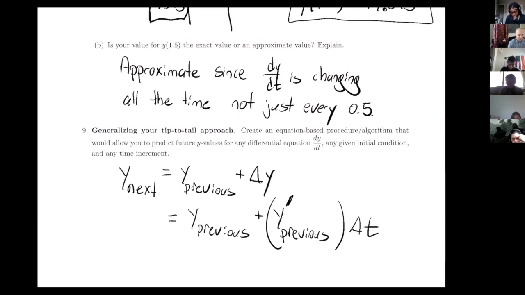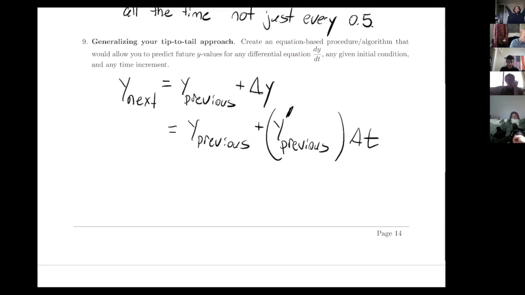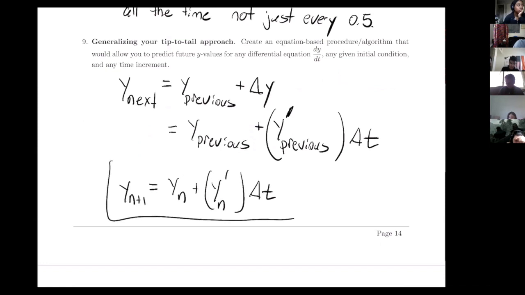That's what that y prime previous means. So we can summarize this. Maybe it's more commonly written with indices, like this. And this is what is called Euler's method.